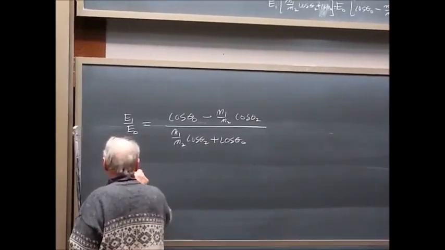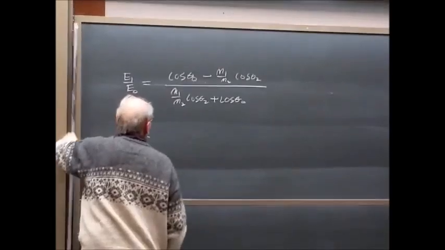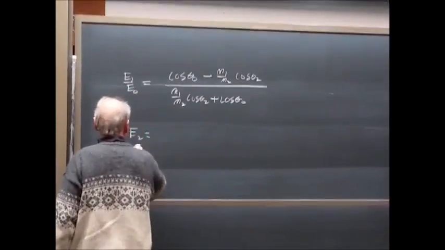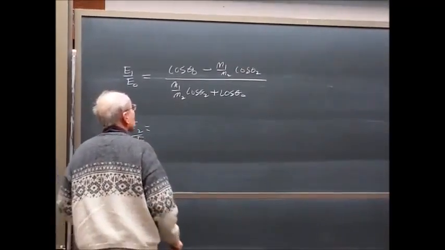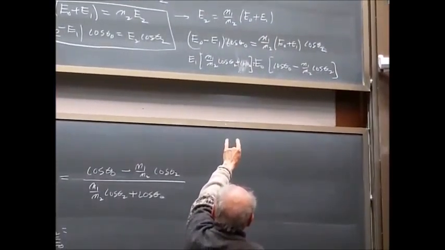Now we can get E2 over E0 from the statement up there.